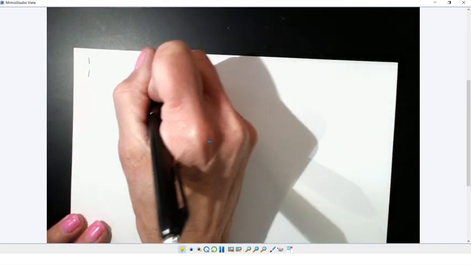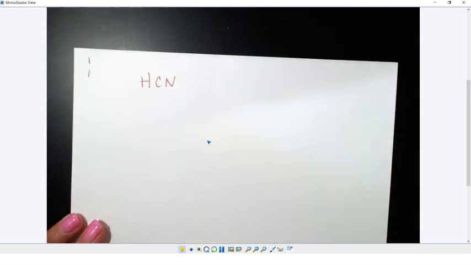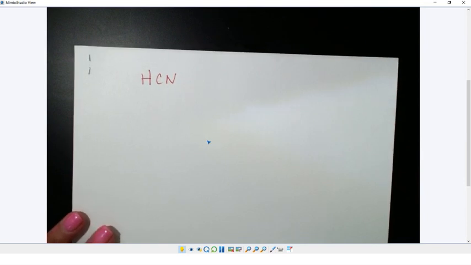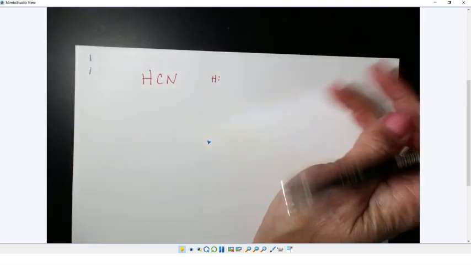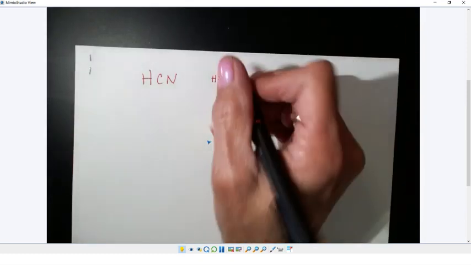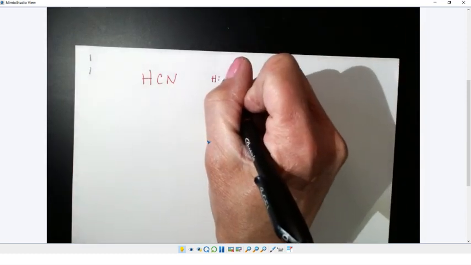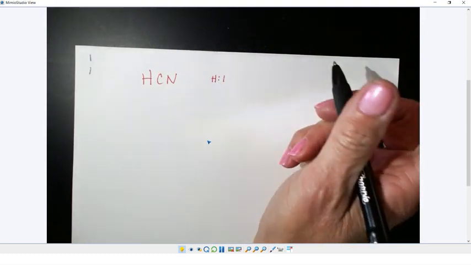So our formula is HCN. The first thing we have to do is count up the total number of valence electrons. I'm just going to do it off to the side. How many valence electrons does hydrogen have? 1.